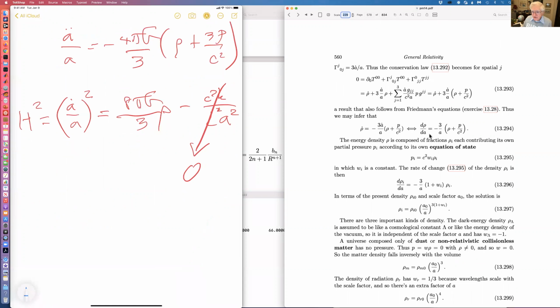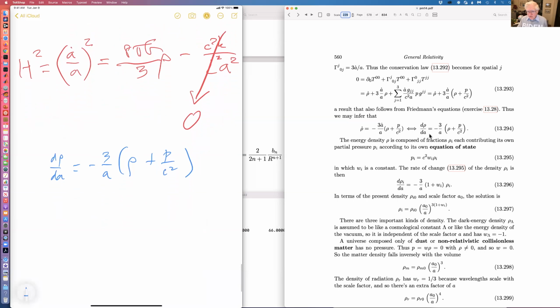Namely, you find that dρ/dA is equal to minus 3 over A, A being the scale factor, times ρ plus P over c squared. And what you then see is that ρ is some ρ0 times A0 over A to the power 3(1+w).